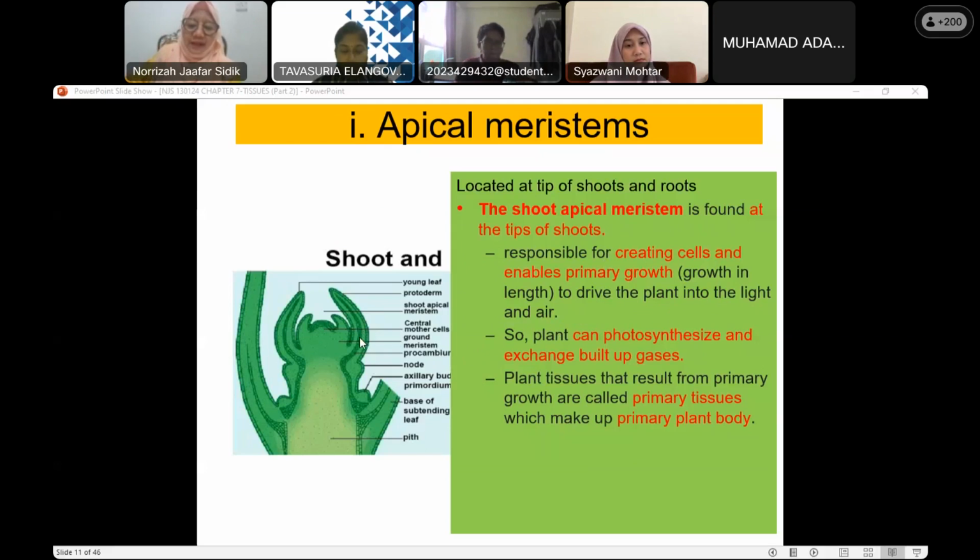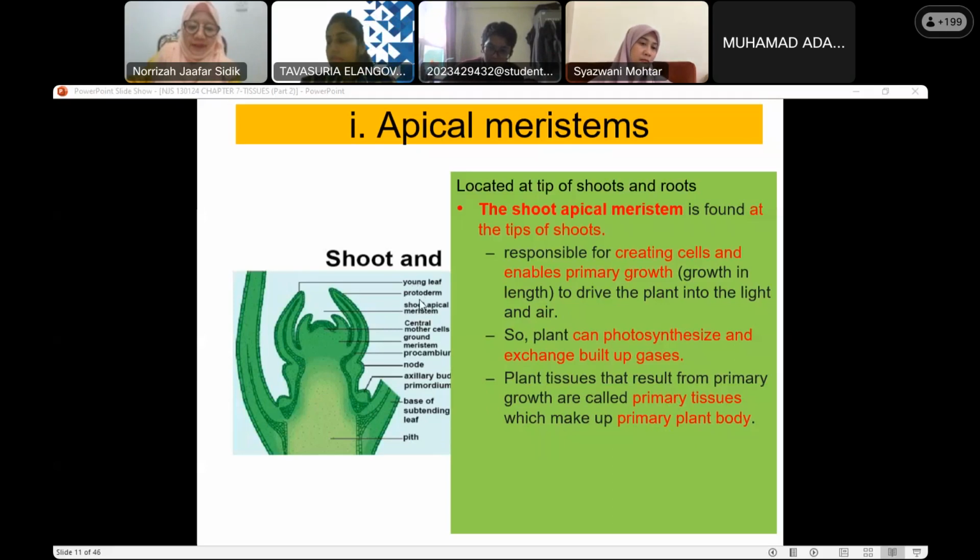The plant can also photosynthesize and the process of gas exchange can be done. So here, the plant tissues that result from primary growth are called primary tissues, which make up the primary plant body. So these are the parts of the shoot apical meristem.